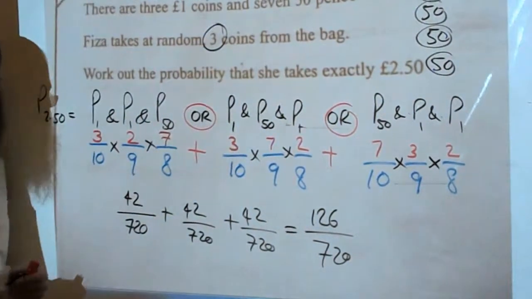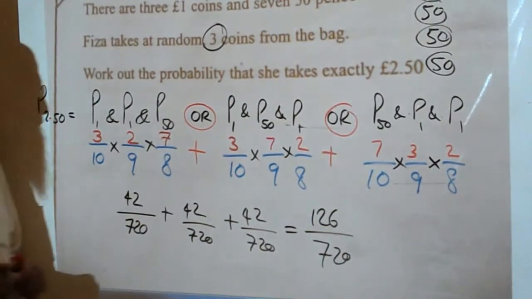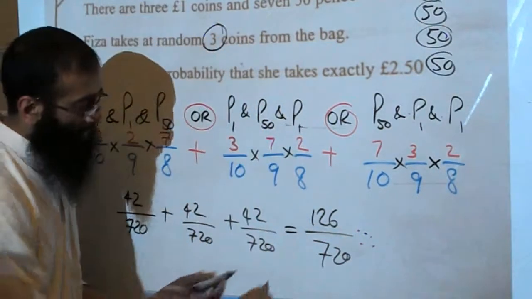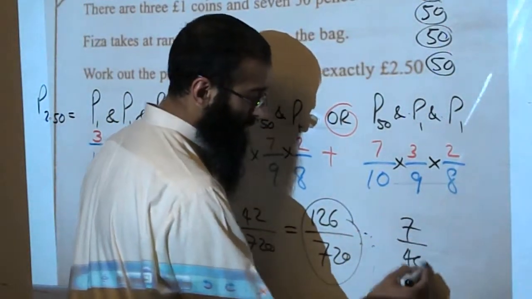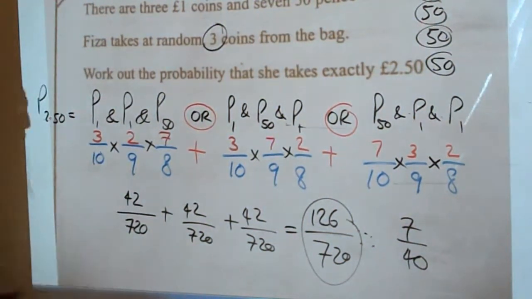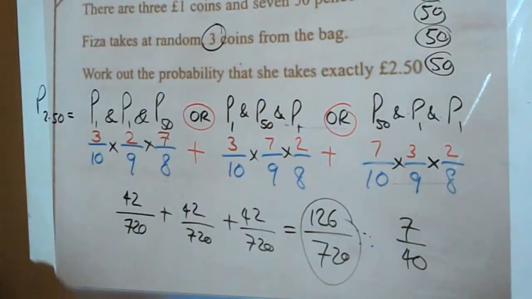You can cancel this down if you want to. It comes down to 7 over 40, whether you divide by 2s or by 4s each time. But we can leave it just like that as well. 7 over 40 is the final answer if you simplify it. Both these answers are perfectly acceptable.